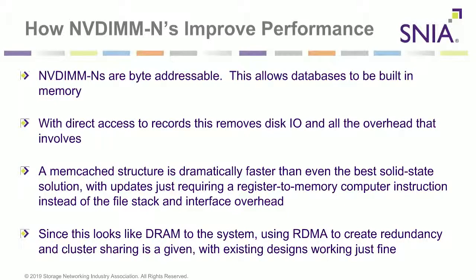So how can you take advantage of this, and what does it do to your applications? NVDIMM-Ns, first of all, are byte addressable. What it means is you can access it just like how you're used to accessing your standard system memory. You can do load stores to that. This essentially means faster access to the persistent storage.